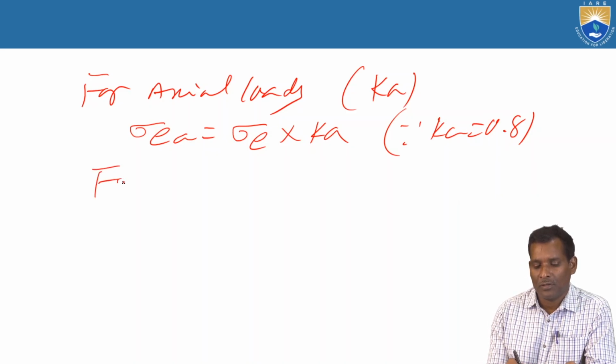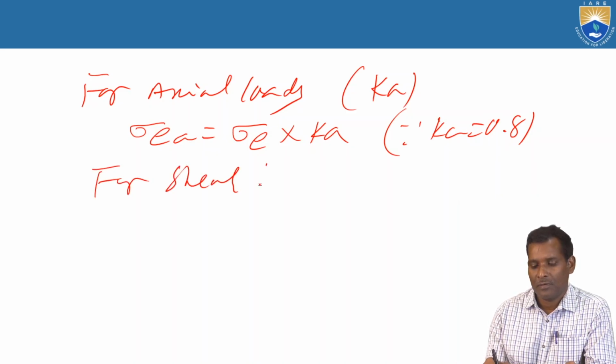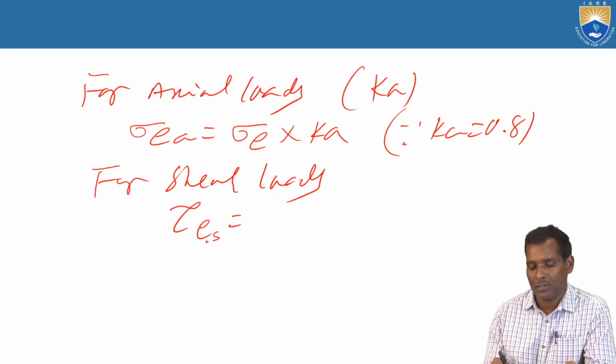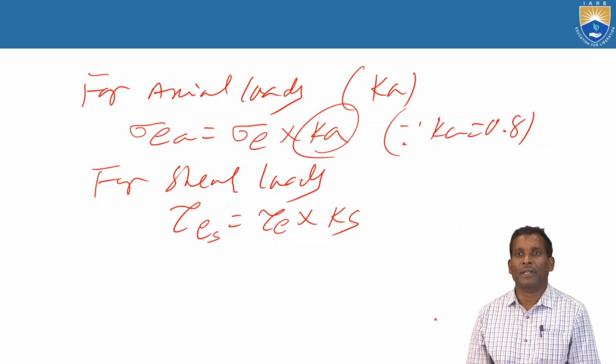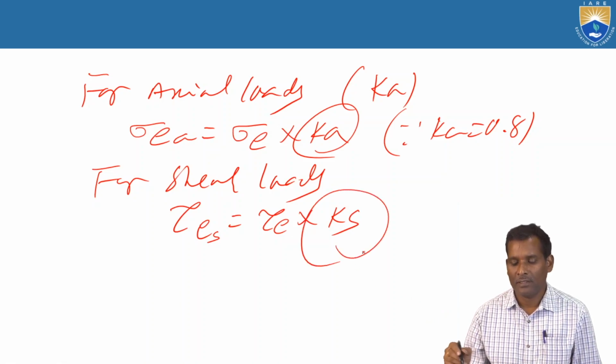Similarly, for shear loads, tau Es is equal to tau E into Ks. Here Ka is the axial load correction factor and Ks is the shear load factor.